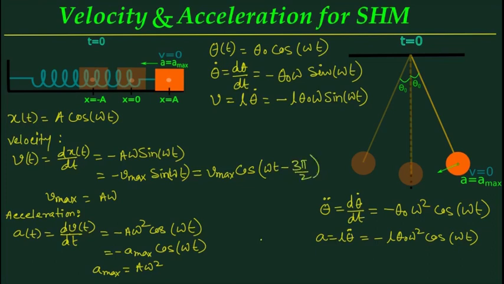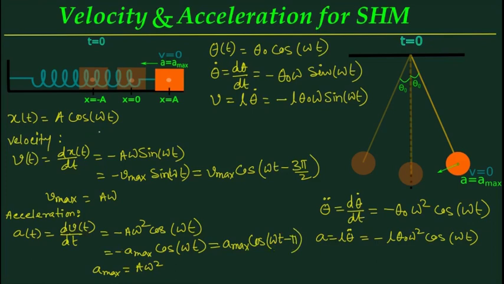And this term, minus a max cos omega t, can be expressed as a max into cosine of omega t minus pi. This minus sign is absorbed here.